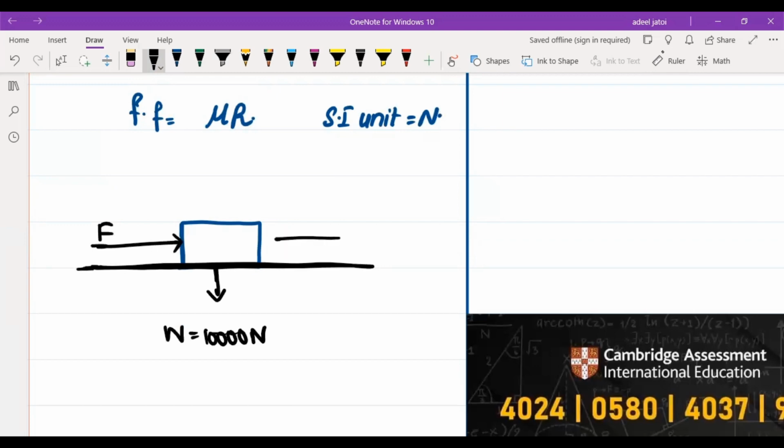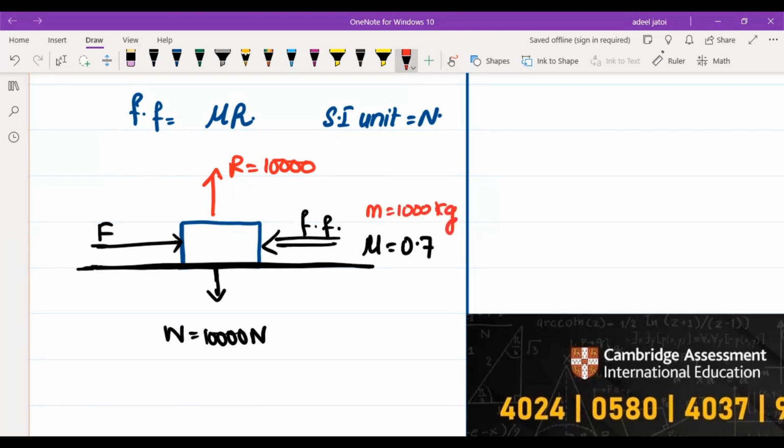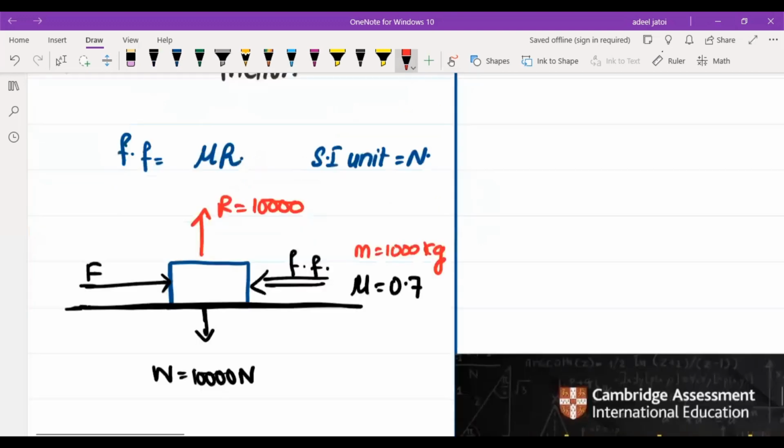Let's say there's a frictional force being applied on this, and your coefficient of friction is 0.7. Knowing that weight is 10,000, your normal reaction would be 10,000 as well, because if there is a vertical force downward, your normal reaction would be upward. Let's write down the mass as 1000 kg, and the coefficient is 0.7.